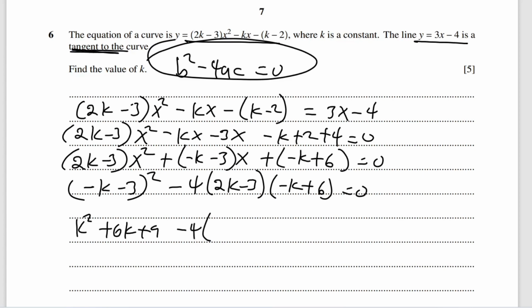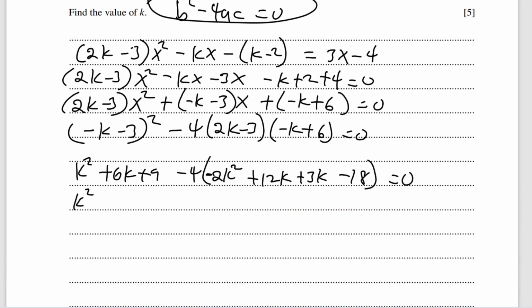Let me expand the two brackets. So I have 2k, negative 2k squared, and then I have plus 12k. Then I have plus 3k minus 18 equal to 0. So I can simplify what is in that bracket. So I have negative 2k squared plus 15k minus 18 equal to 0.